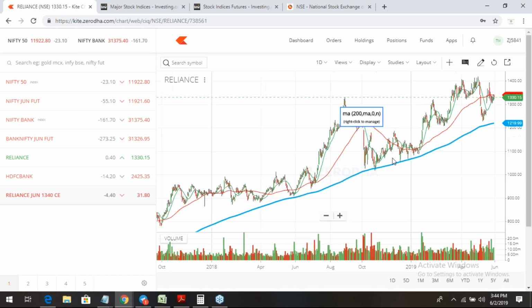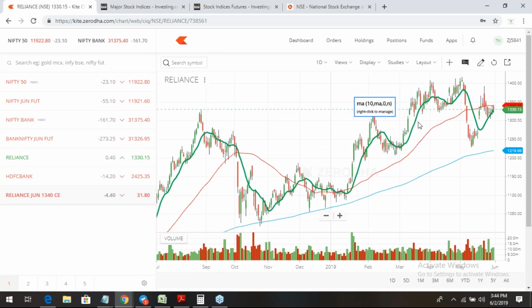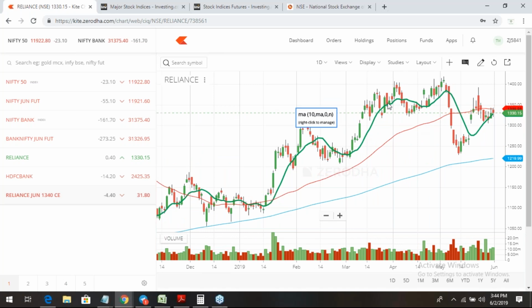Every time it's trying to break the 200 SMA. Who is the 200 SMA? From my point of view, the 200 SMA is our AVP or main boss, the 50 SMA is our manager, and these are employees. Employees always go with the candlestick pattern.